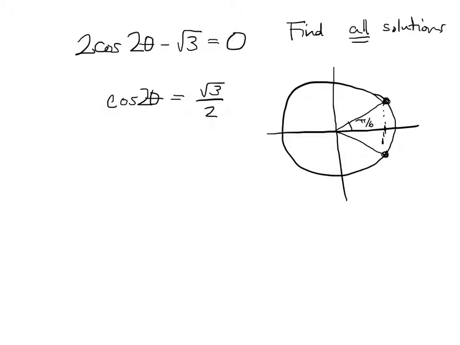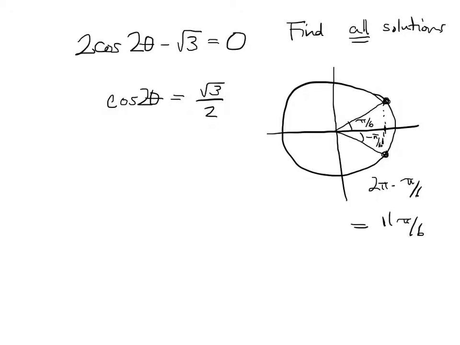And we could call this other angle negative pi over 6 if we wanted. Or let's call it 2 pi minus pi over 6, which is 11 pi over 6.